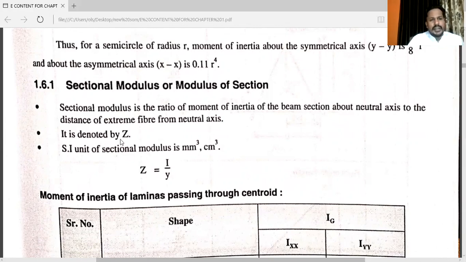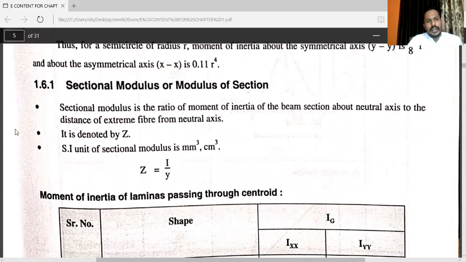It is denoted by Z. The SI unit of section modulus is mm cube, centimeter cube, or if the distance is in meters, then meter cube. So the section modulus is nothing but moment of inertia upon y.